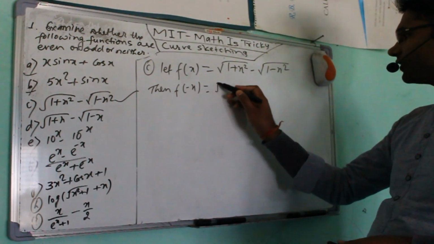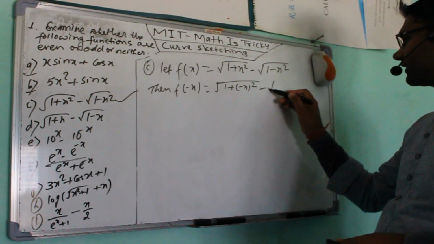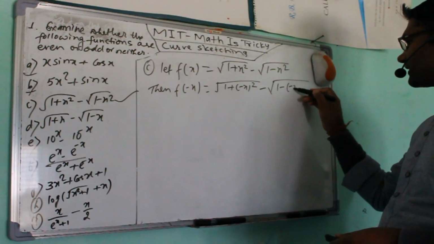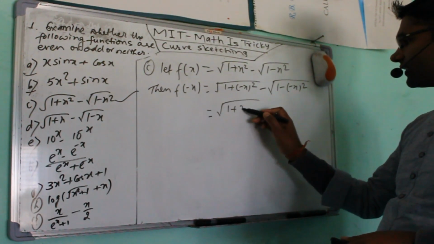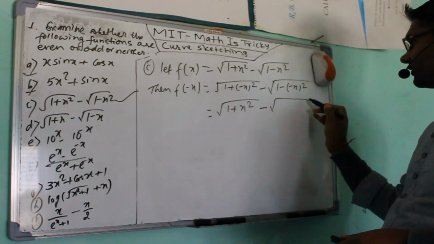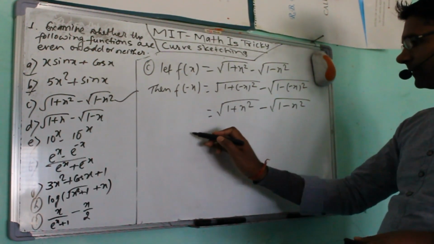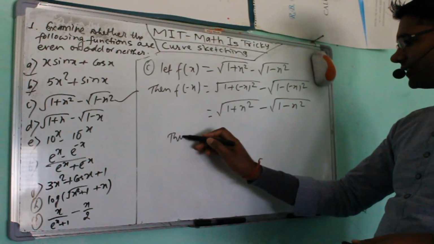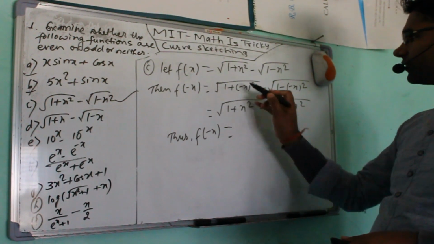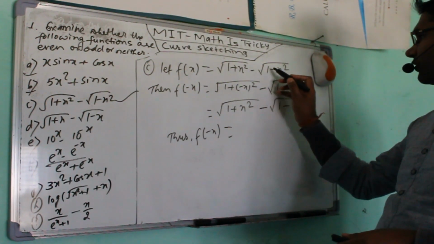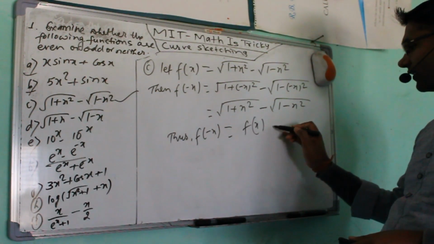We get square root of 1 plus minus x whole square minus square root of 1 minus minus x whole square. So it's simply square root of 1 plus x square minus square root of 1 minus x square. Thus we can say that f of minus x is the same as f of x.